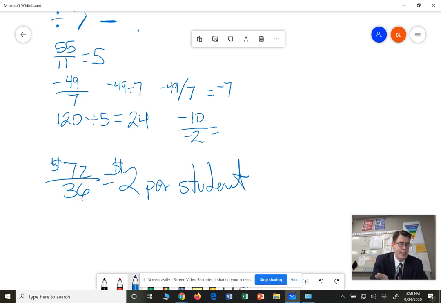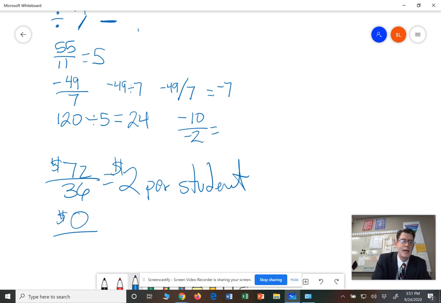What else do I want to hit on? The positives, the negatives. It's the opposite of multiplication. I think really that's mainly, oh, that's what it was. It was 0. If I've got $0, I'm going to divide it among 8 people. How much is everyone going to get?